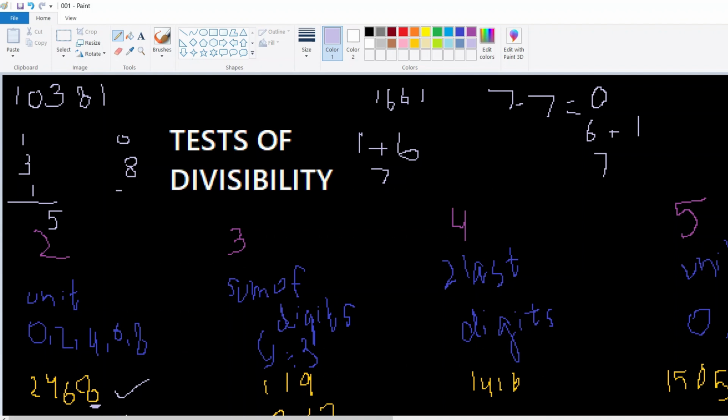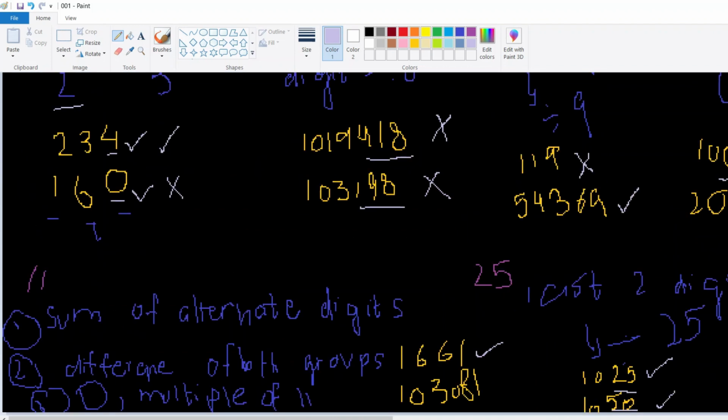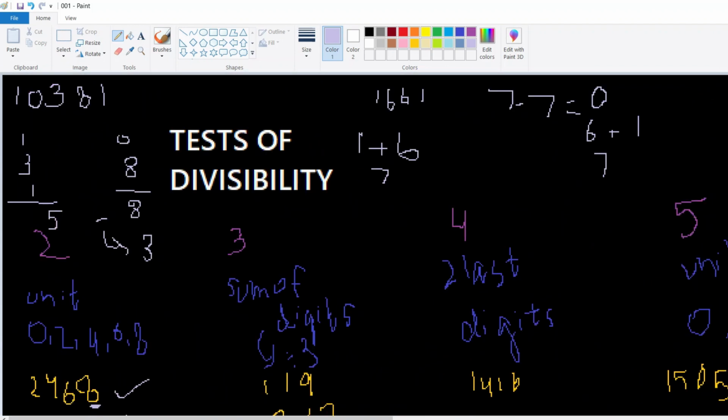Well, 0 plus 8 is 8. Now, the difference is 8 minus 5, which equals 3. It's not a multiple of 11 or 0. So this means this number is not divisible.